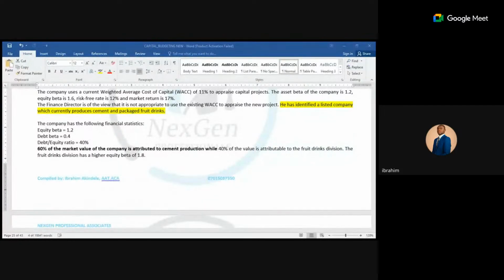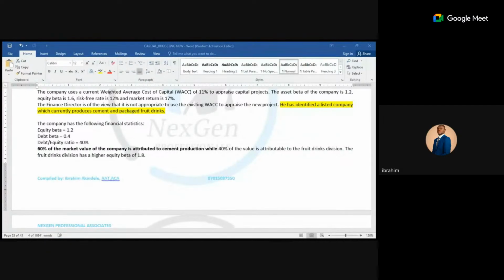the equity beta given to us is the combination of the production of cement and packaged food. It has identified a listed company which currently produces cement and packaged food.